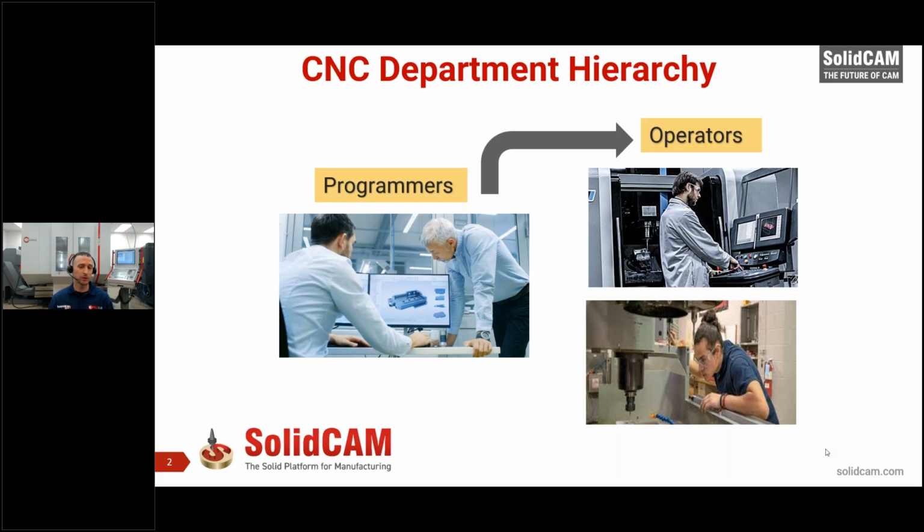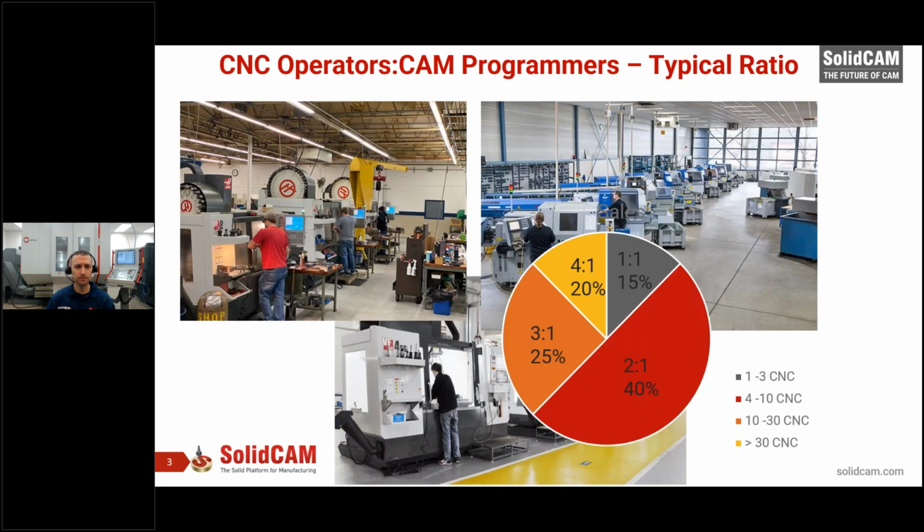Then the setup person sets up the machine, and it's usually passed over to operators to run our CNC. Of course, depending on the size of the machine shop, sometimes the programmer, setup guy, and operator are the same person, and you program right out at the machine. But in a traditional machine shop, there's usually a couple layers between the CAM programmer and the operators actually running the machine.